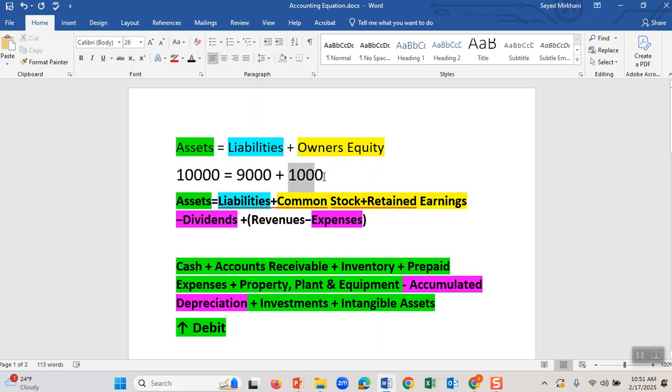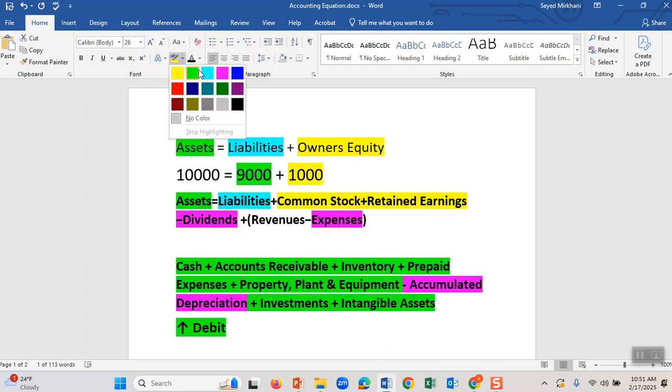This $1,000 is the equity that she has, which I marked in yellow. The liabilities she has are $9,000, and the assets of the company, which I use green for, are $10,000. Now you understand why this equation is always supposed to be equal.